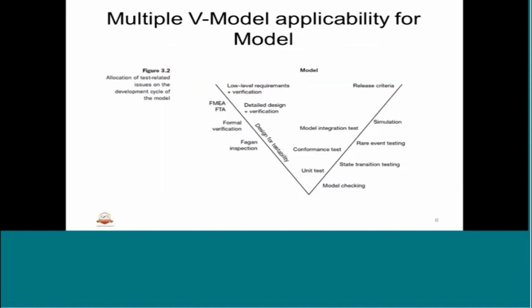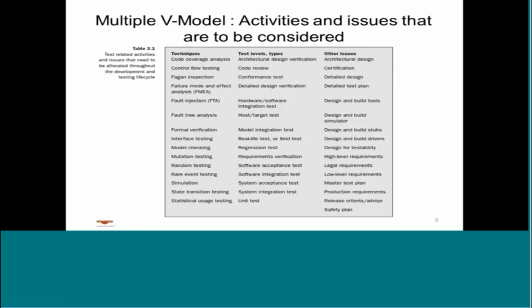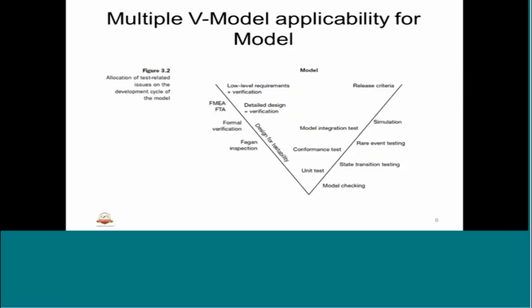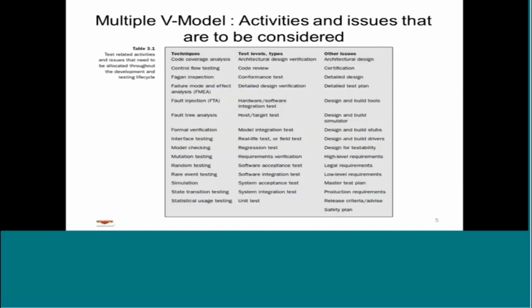So what is the outcome? Like we have a simulation, we have area testing, state transition testing, model checking. These are some of the activities. Similarly, on the left hand side, we do FMEA, FTA, formal verification, file inspection. So this is falling outside the V, on par with the model. So this is the applicability, how we are going to draw based on this master table.